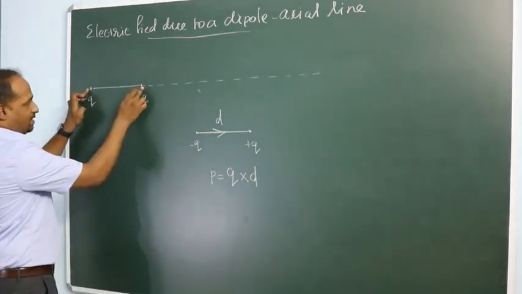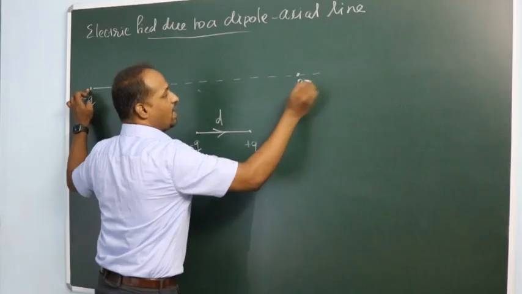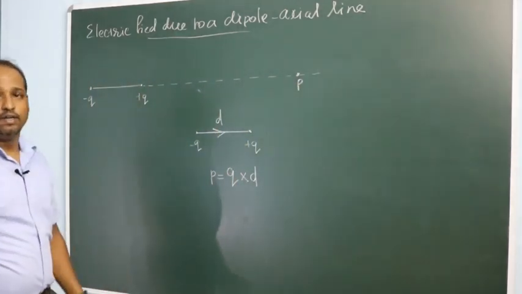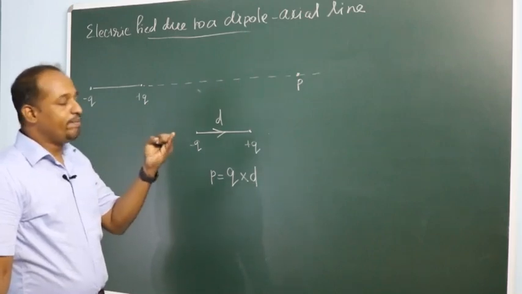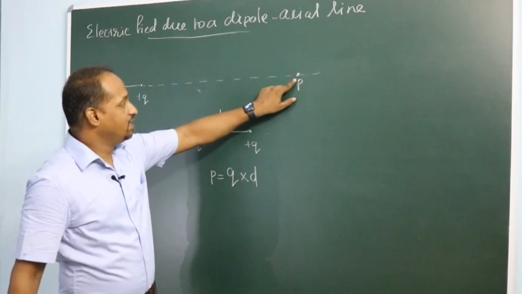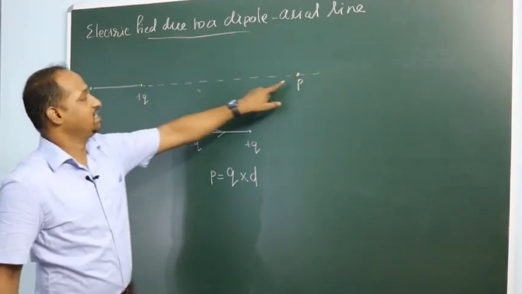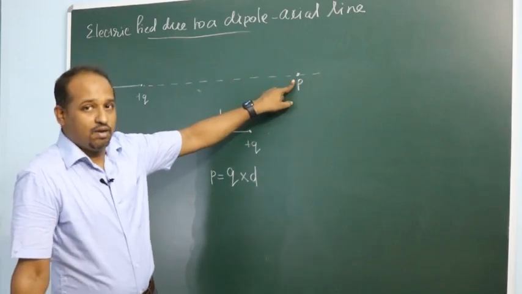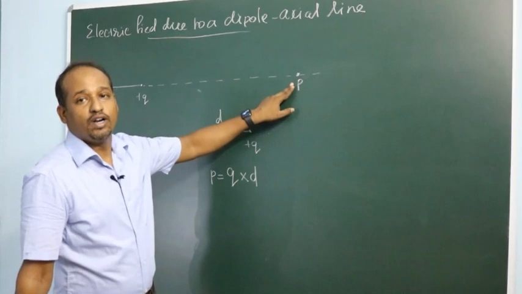So this is the axial line, and along this, at this point P, I would like to find the electric field. Electric field obeys the superposition principle, so the total electric field at this point is the electric field due to this charge plus the electric field due to the other charge. Then I have to calculate the distance. Which distance should I take?